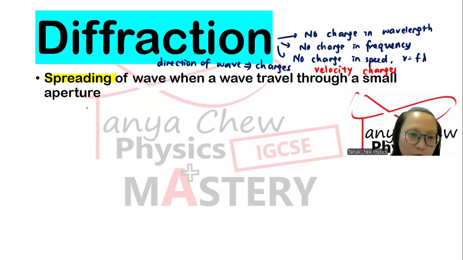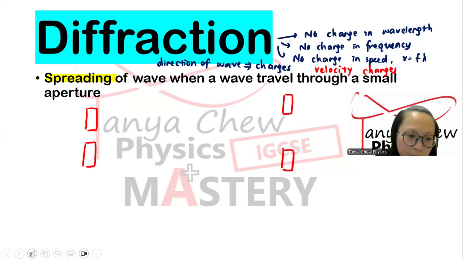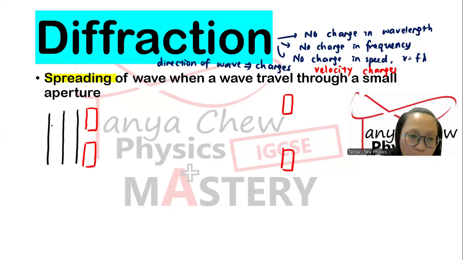Now I'm going to draw the wave. Let's say this is the small opening, and this is the larger opening. Normally they would draw wave fronts like this. The distance from one wave front to the next wave front is called wavelength.